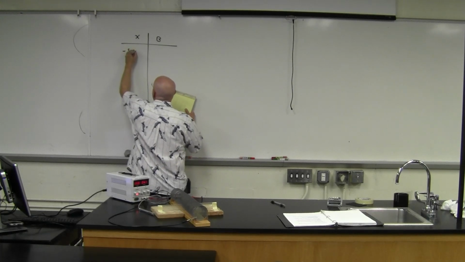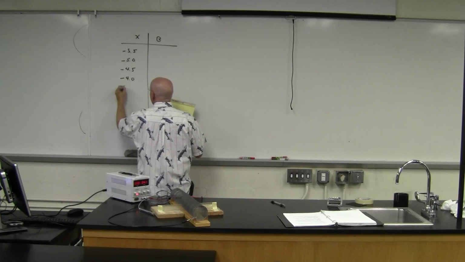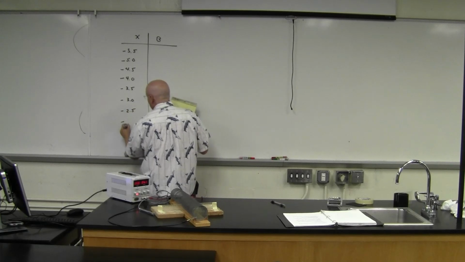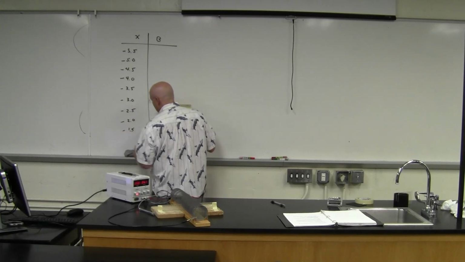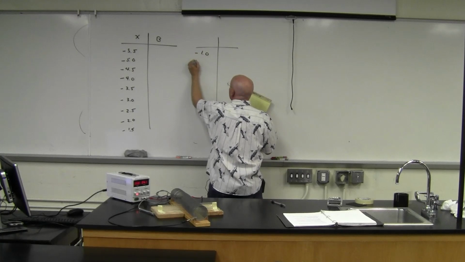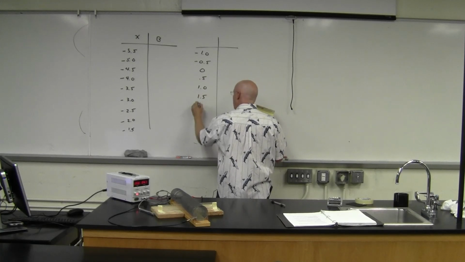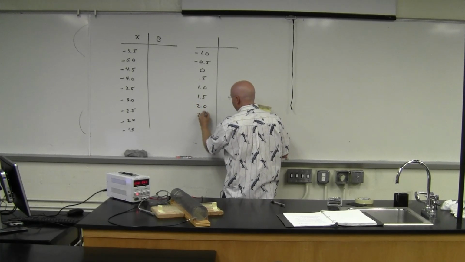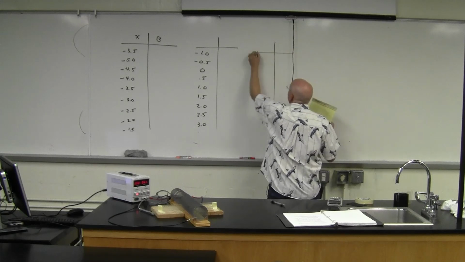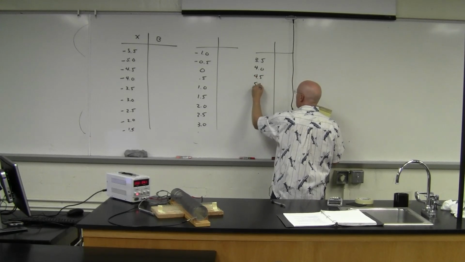Let's go from negative 5.5, negative 5.0, negative 4.5, negative 4.0, negative 3.5, negative 3.0, negative 2.5, negative 2.0, negative 1.5, negative 1.0, negative a half, 0.5, 1.0, 1.5, 2.0, 2.5, 3.0, 3.5, 4.0, 4.5, and 5.5.